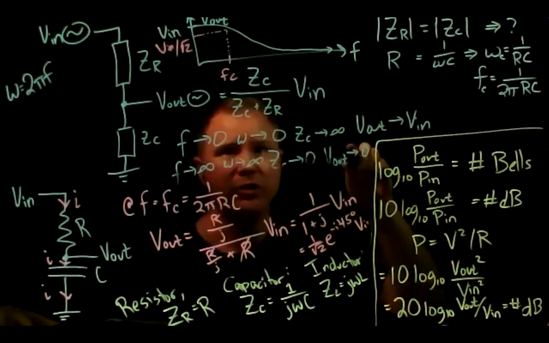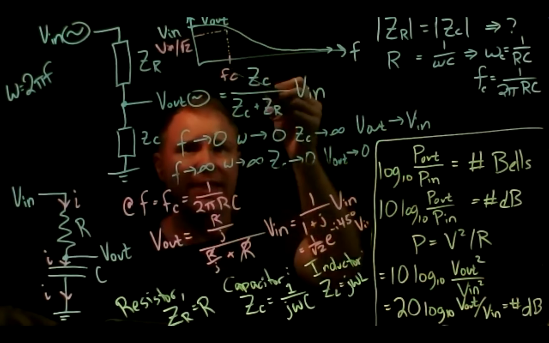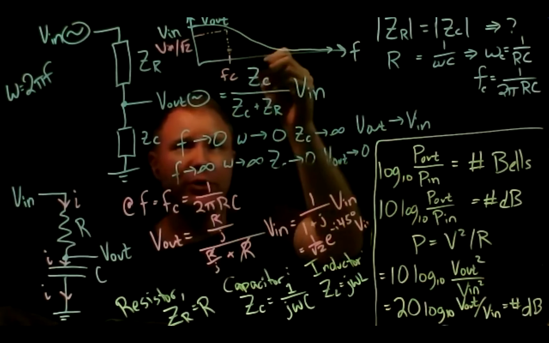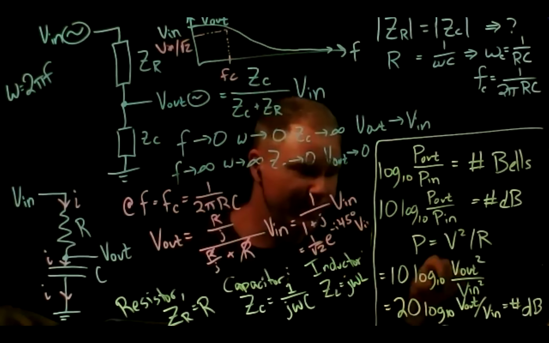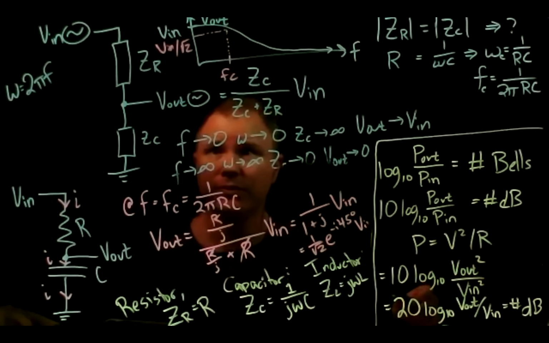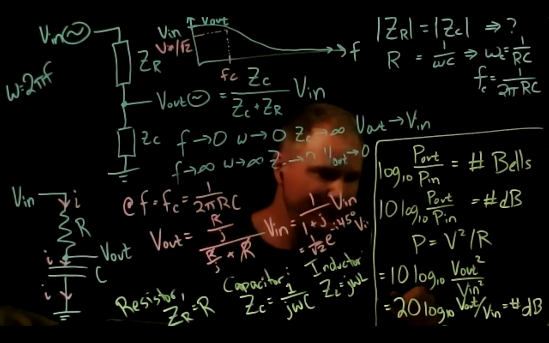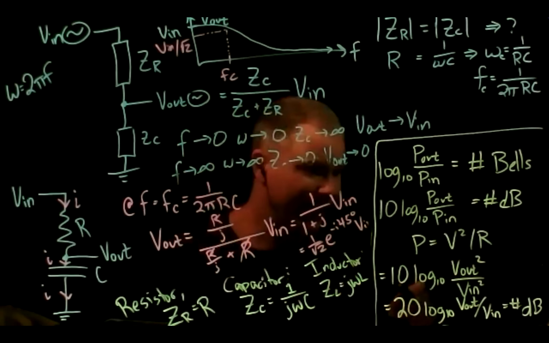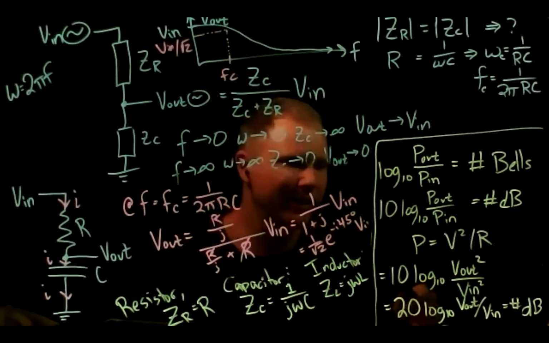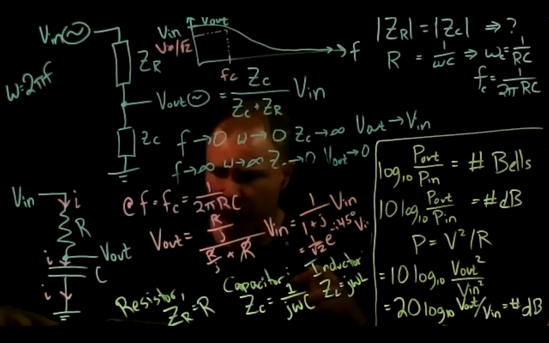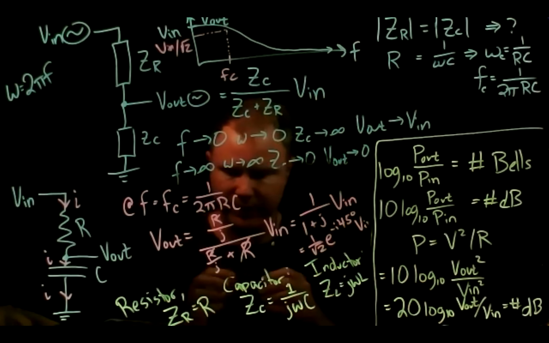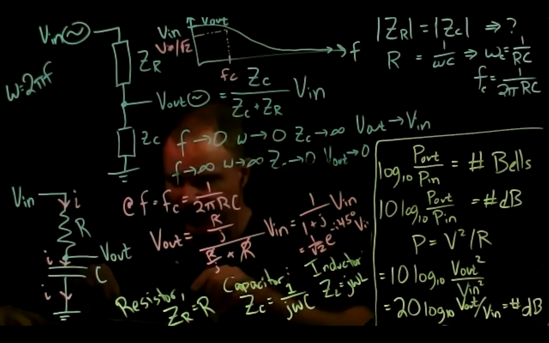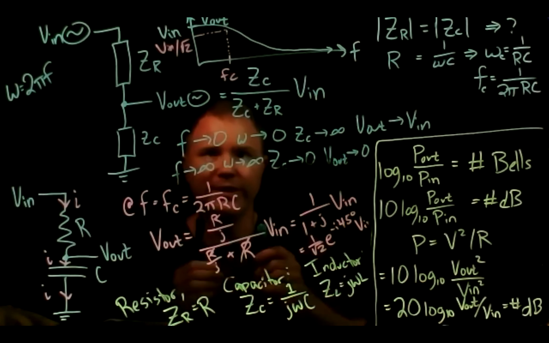So what is our ratio here? At this corner frequency, the ratio of V out over V in is 1 over the square root of 2. And if I take 20 times log base 10 of 1 over the square root of 2, I get minus 3. It's minus 3.0-something, but it's about minus 3. So another name that the book gives to this corner frequency is the minus 3 dB frequency.